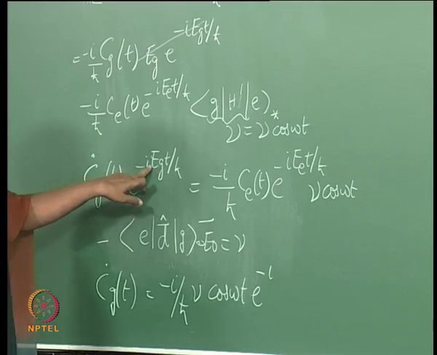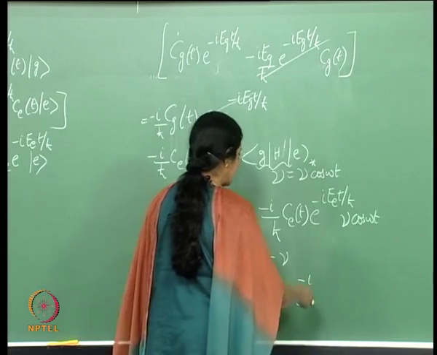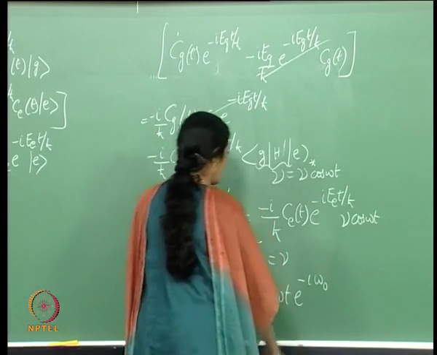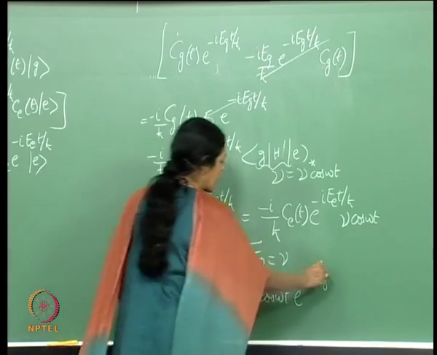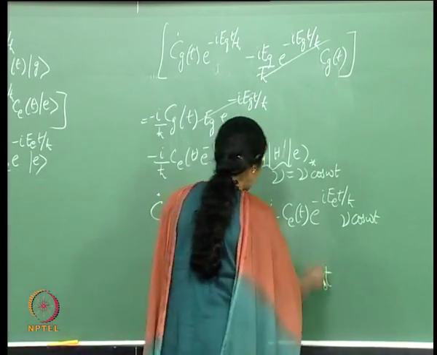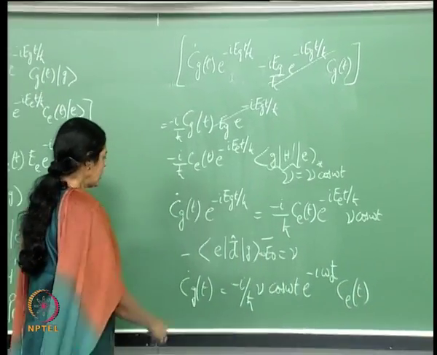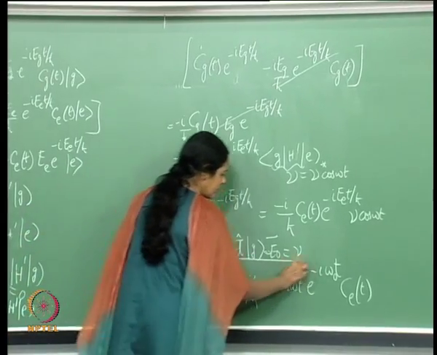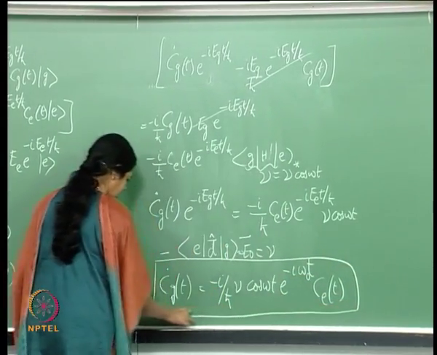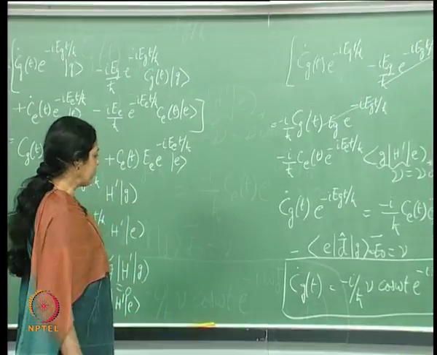That gives me, if I take this to that side, a minus i(E_e minus E_g)/ħ, and therefore I just have an e^(-iω_0 t) C_e(t). So this is my first equation. This is what I have.